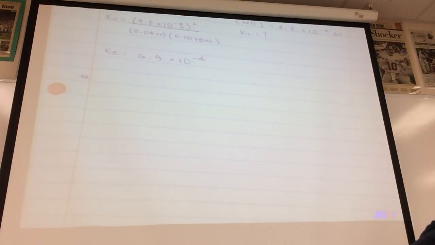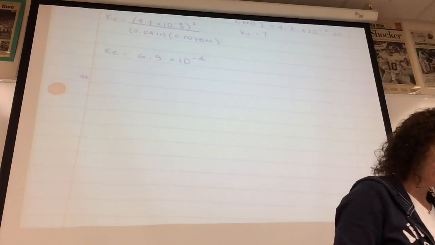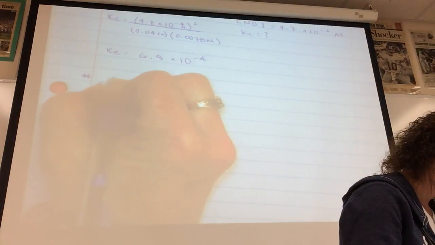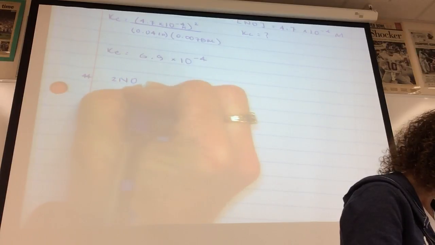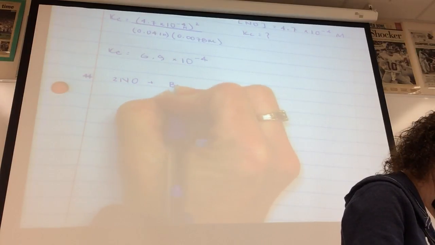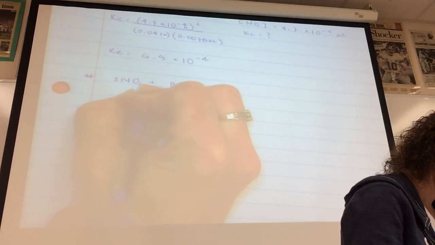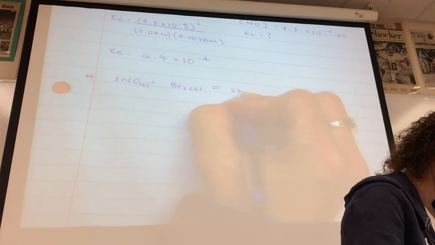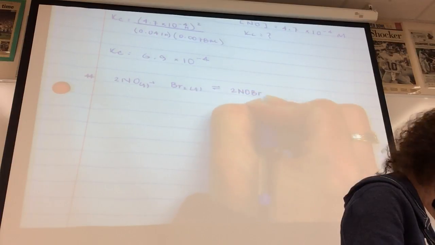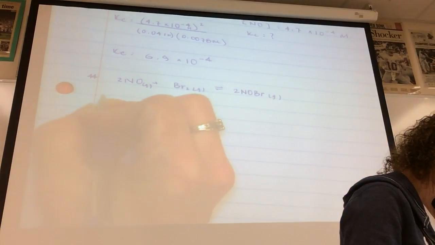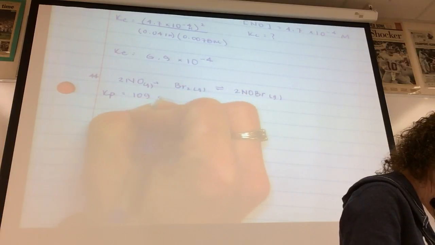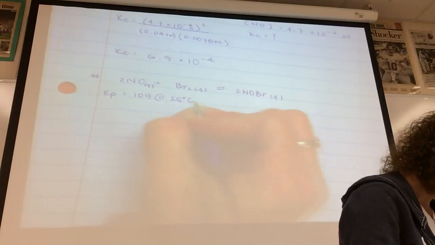The other problem is 44, which I would like to look at as well. Number 44 says that this reaction has a Kp equal to 109 at 25 degrees Celsius.